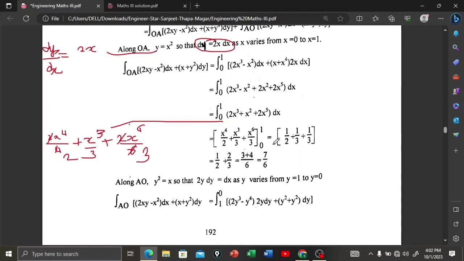Plugging in the upper limit, it is 1 by 2 plus 1 by 3 plus 1 by 3, and the lower limit is all 0. So it would be 1 by 3 plus 2 times 1 by 2 plus 2 times 1 by 3, which is 3 plus 4 over 6. So it is 7 by 6.